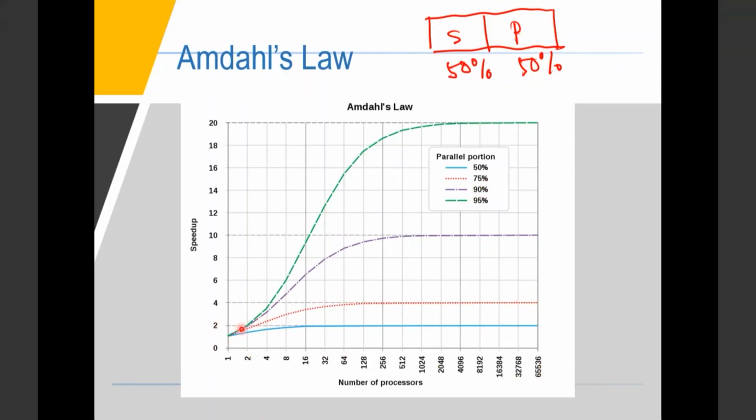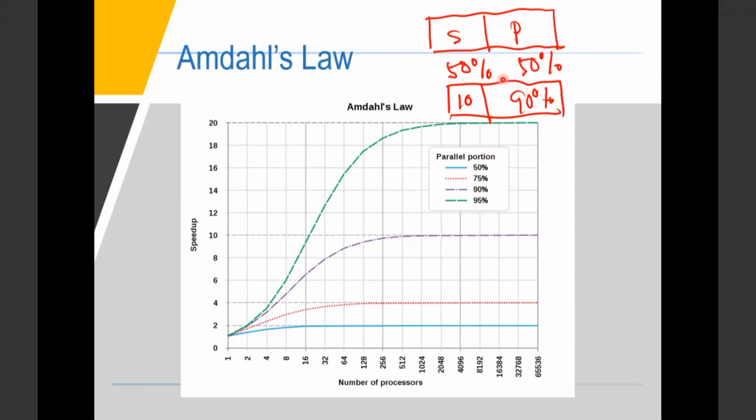Okay, and when you increase the parallel portion to 90%, for example, 90% you do in parallel, while 10% you do serial, what happens here is your speed up is up to 10 times only.